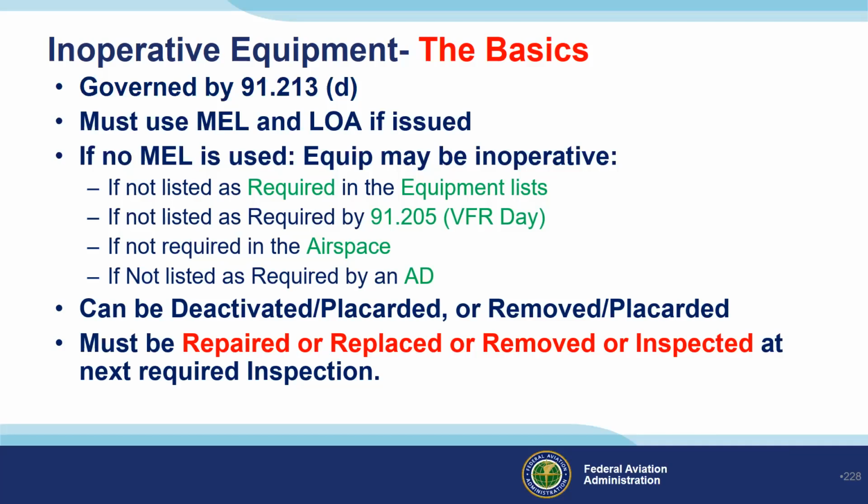If it's not listed as required by 91.205, that's the VFR day requirements, or if it's not required in the airspace, or if it's not listed as required by an AD, then it can be inoperative. It can be deactivated and placarded or removed and placarded. And it must be repaired or replaced or removed or inspected at the next required inspection. Those are the basics.